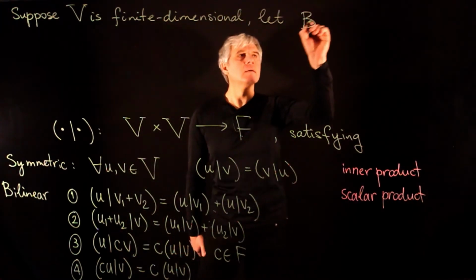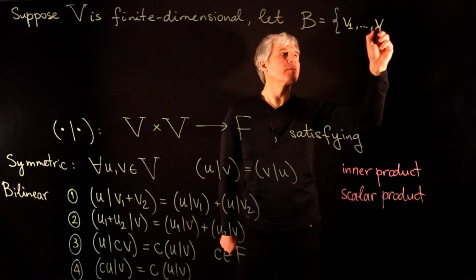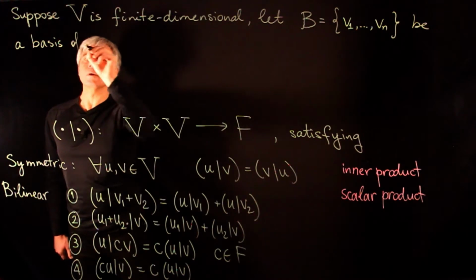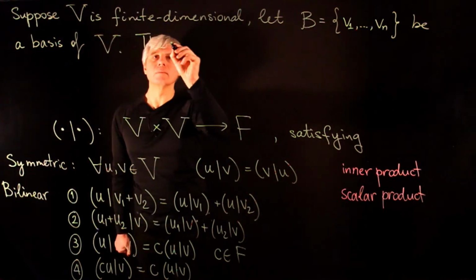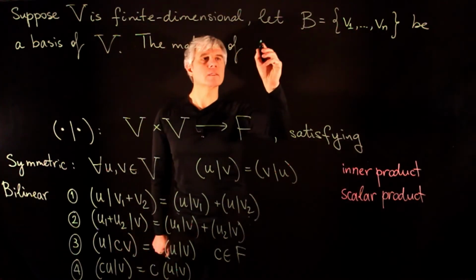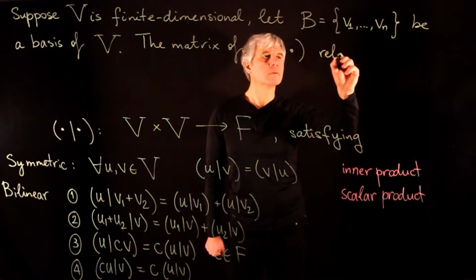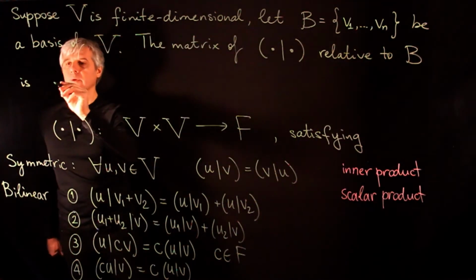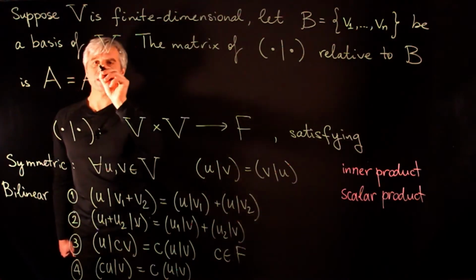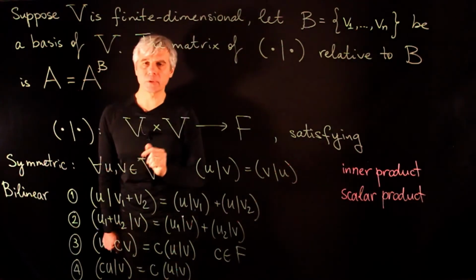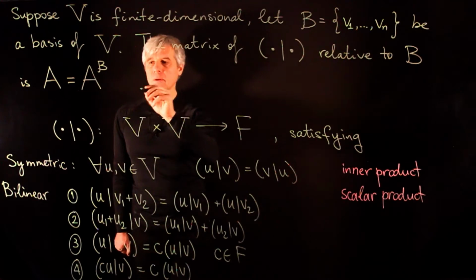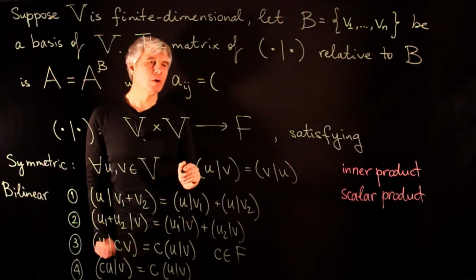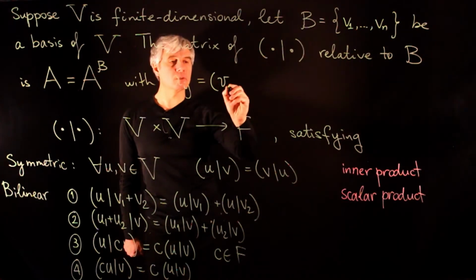And let B, v1 through vn, be a basis of vector space V. The matrix of the symmetric bilinear form relative to basis B is the matrix A, or sometimes we will denote it as A_B, to indicate that this is relative to basis B, with the entries a_ij defined as the values of the symmetric bilinear form on the basis vectors, so vi with vj.